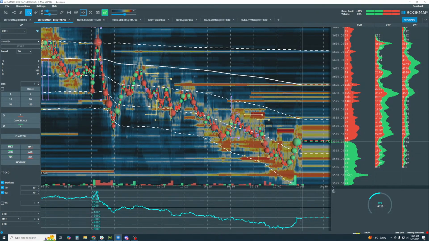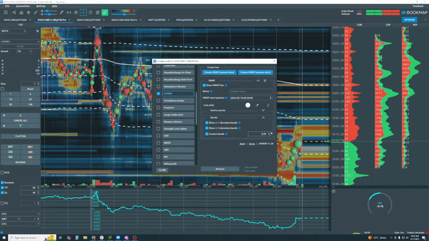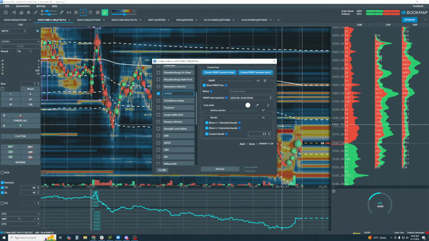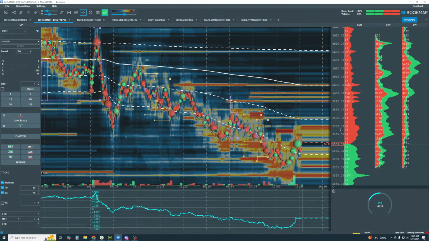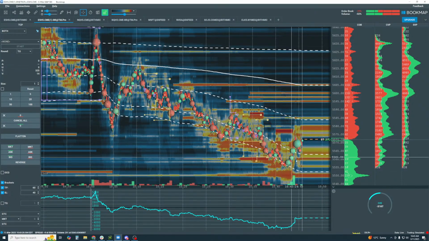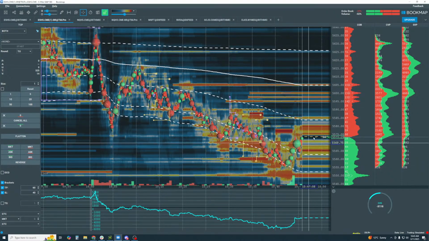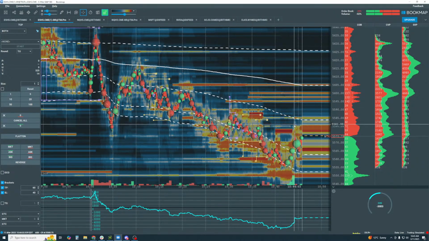Let's try 2.5. Oh, hold on a minute. 2.5. There we go. All right. Okay, so you can see it's kind of holding that, and then we start to get these moves back. Okay, so just some ideas on the higher time frame.